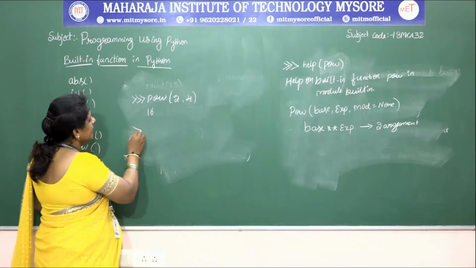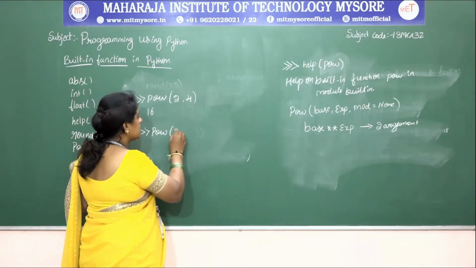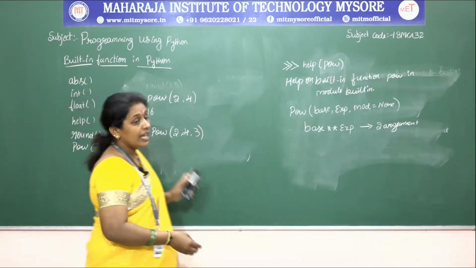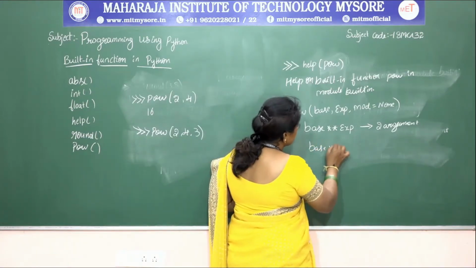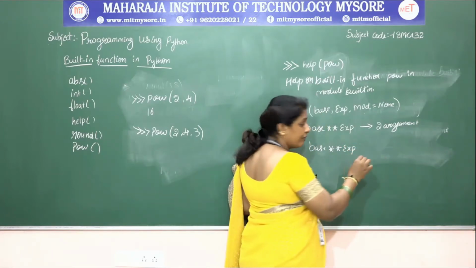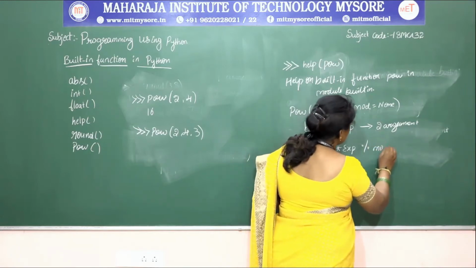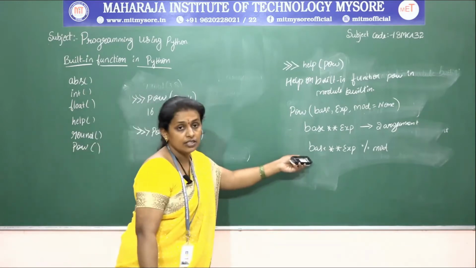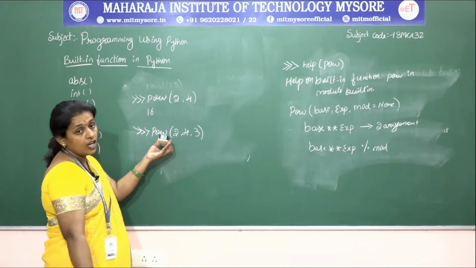For example, if I pass three values, that is 2, 4, then 3, the value will be calculated as base to the power of exponent, and after that the modulus of this mod. This operation will be performed when we pass 3 arguments.